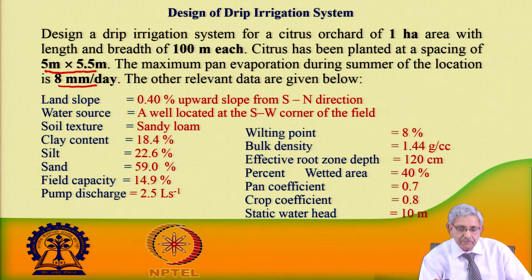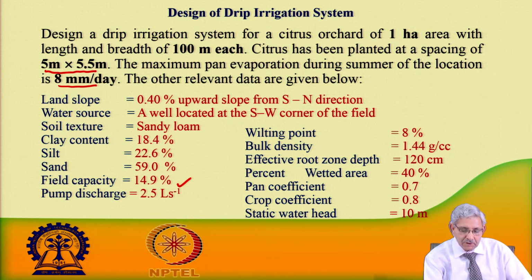The water source is located at a southwest corner of the field, and it is a well. Soil is a sandy loam in texture, and the content of different proportions of clay, silt and sand are also given.